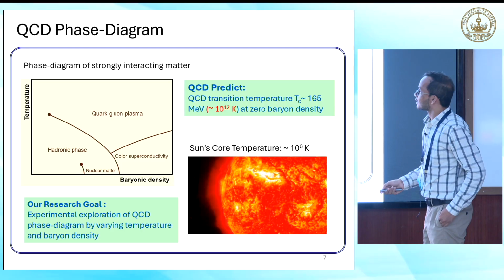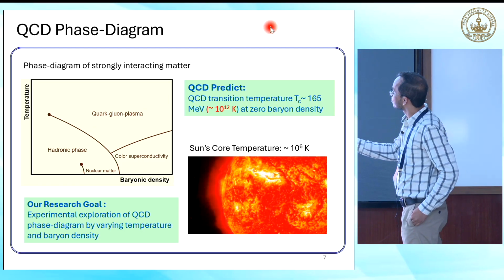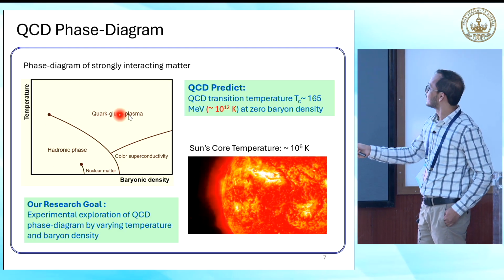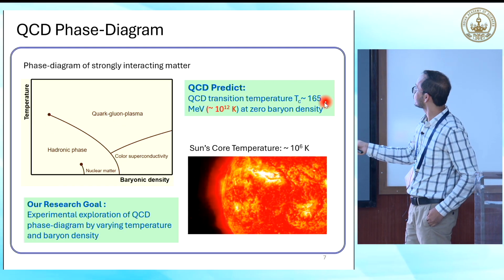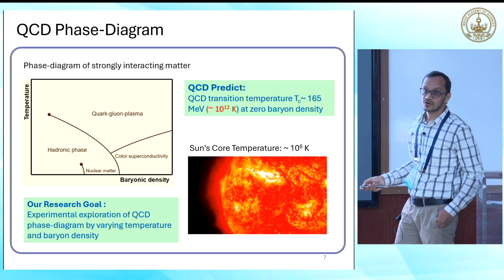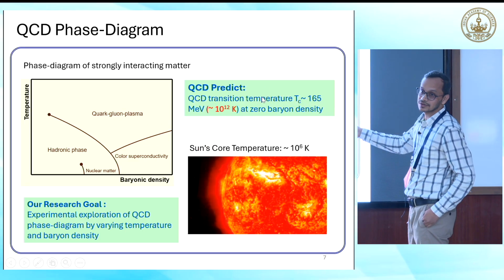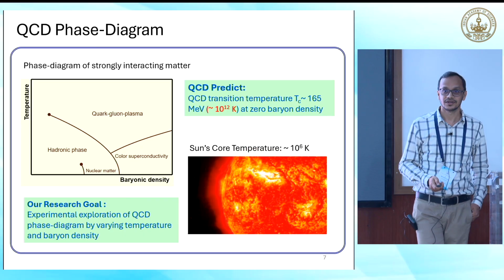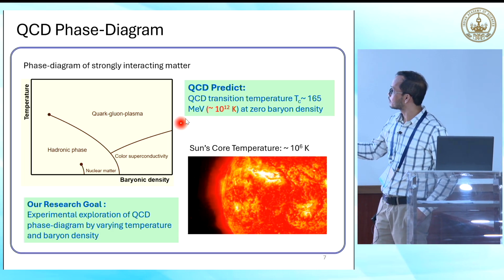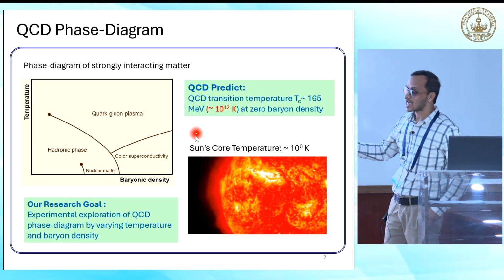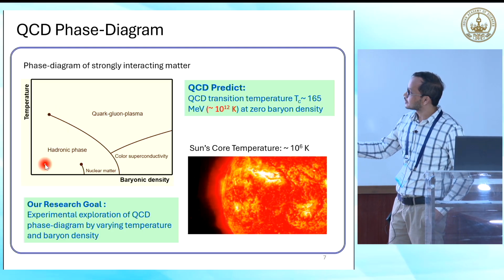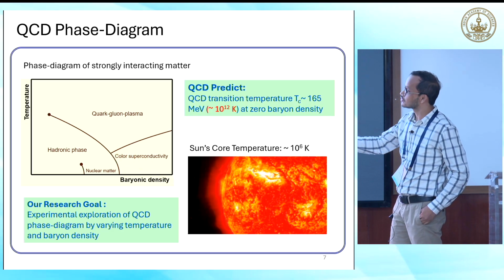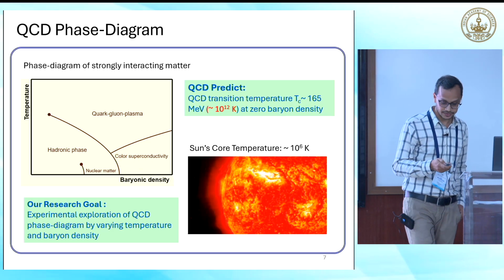Lattice QCD also predicts that the transition temperature at 0 baryon density is of the order of 165 MeV, which is huge. It's 10 to the power 12 Kelvin. If you compare, the sun's core temperature is just 10 to the power 6 Kelvin. So we need to create that amount of energy and temperature in the lab, so that we can study the QCD phase diagram in the laboratory. My research goal is the experimental exploration of the QCD phase diagram using heavy ion collision.